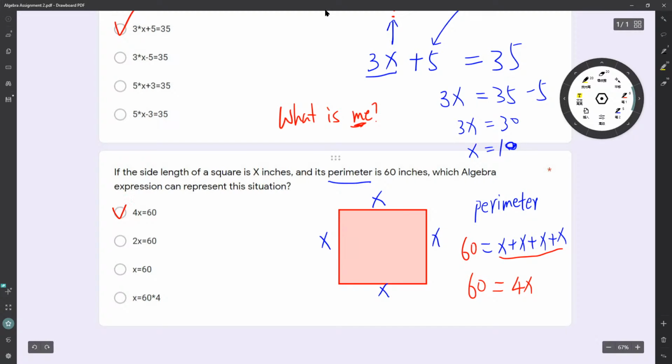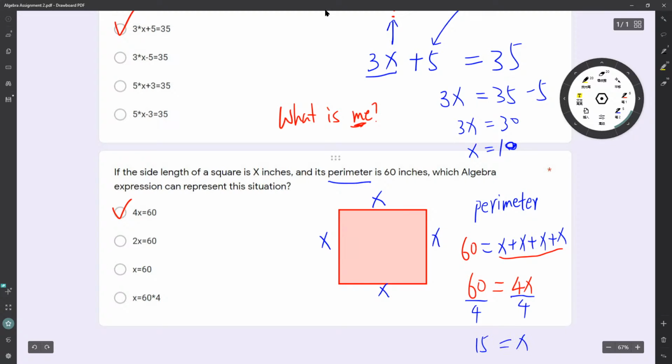After you set up this equation using the symbol, you can so easily find out the length of this square. Let me just show you. We will talk about this further later. I divide by 4, I have x is 15.